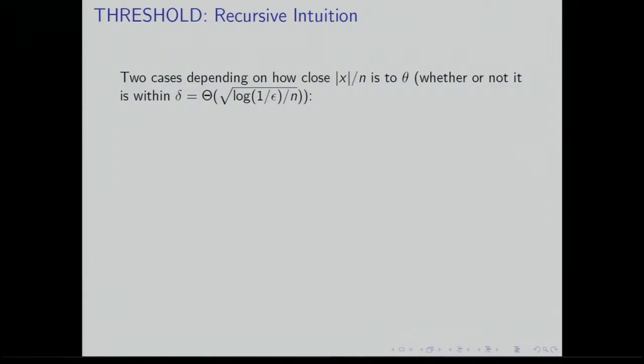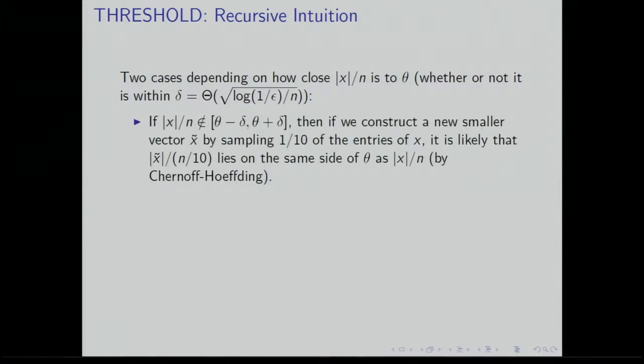We're basically going to break into two cases depending on how close our vector is to that threshold, so how close the fraction of ones in x is to the threshold that we care about. It'll turn out that this parameter delta is how close we'll want to look at. The first case: if we're really far from the threshold, not only are we past the threshold, but we're way past it, or we're way below it, then we can do a sampling trick where you construct a smaller vector x tilde by just sampling a constant fraction of the entries of x.